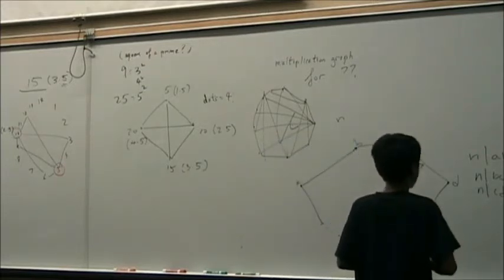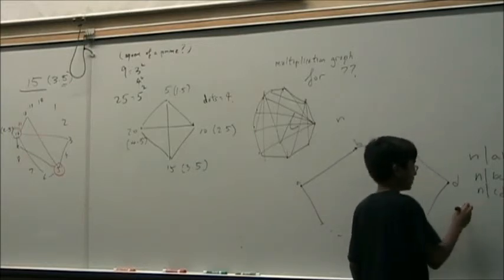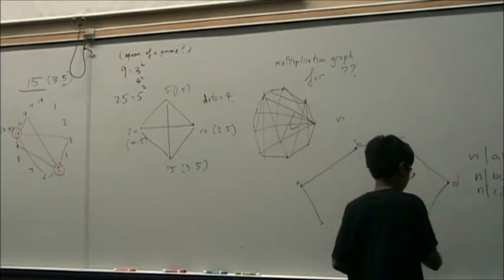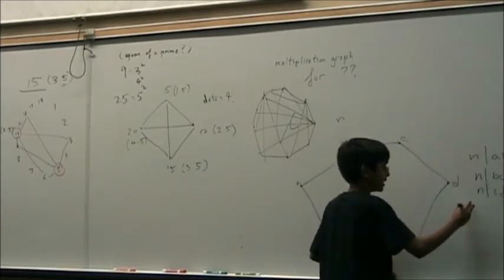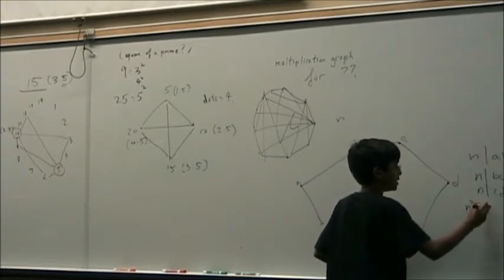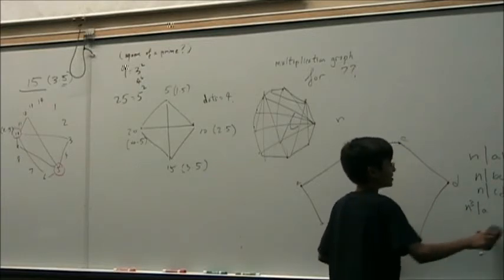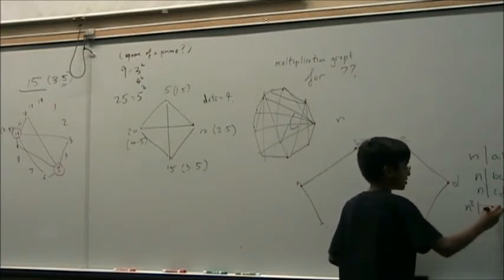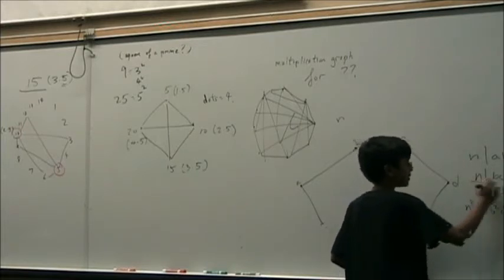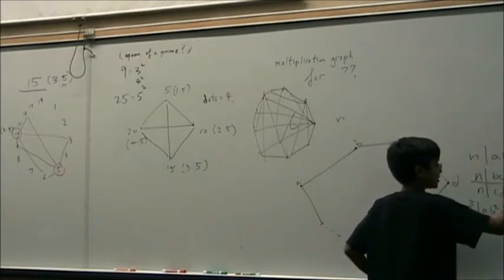And we want to prove that n divides a times d. If we multiply all three of these, we get n cubed divides a b squared c squared d. And from this, we know that n squared divides b squared c squared.